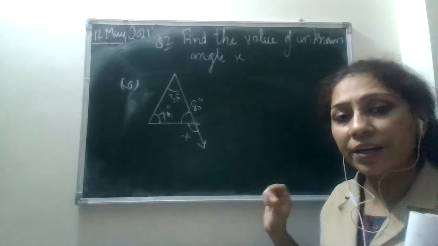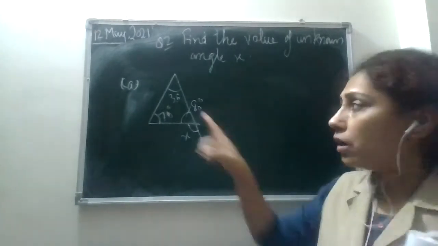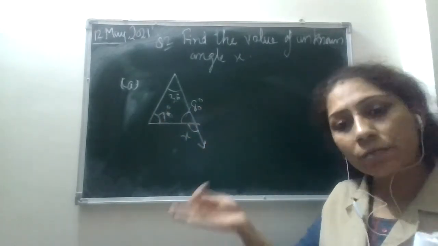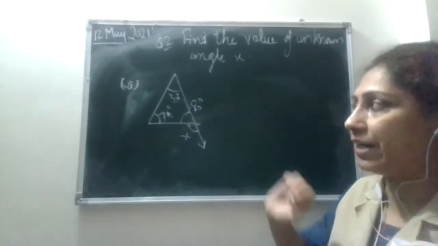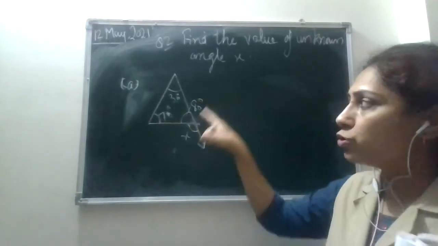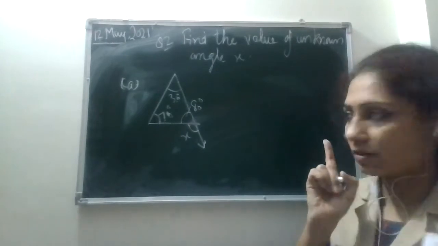Or you can do 180 minus (70 plus 30): subtract 100 from 180, you get 80. Now it is giving you the angle sum property of a triangle. If you sum all these three values, you will get 180 degrees as an answer.